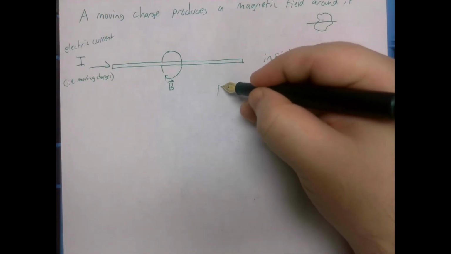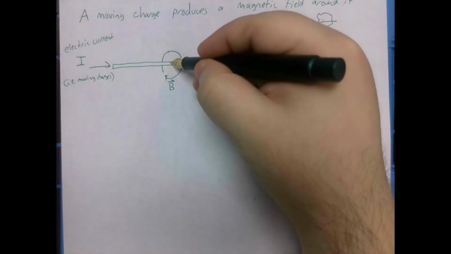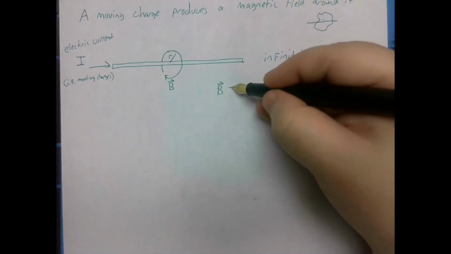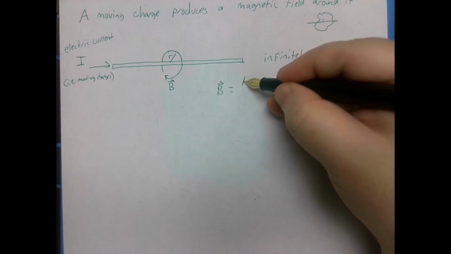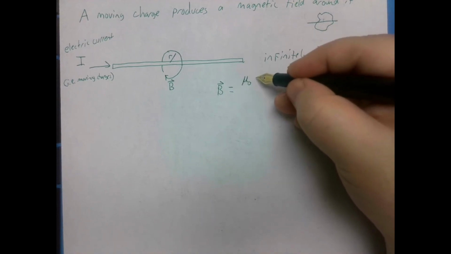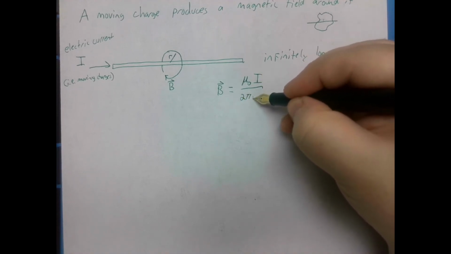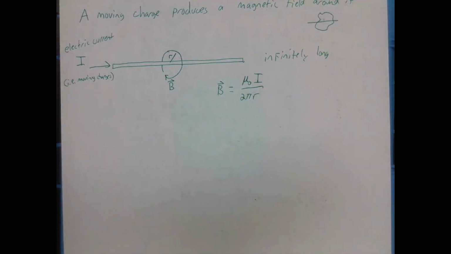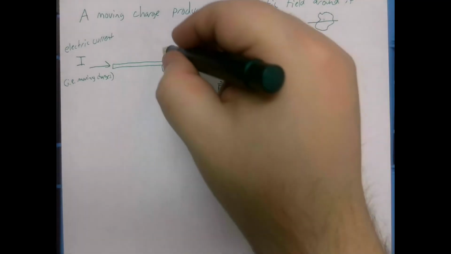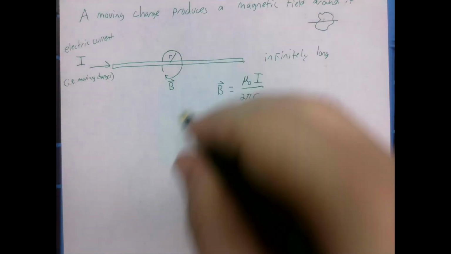Thus, this magnetic field for a circle of radius r will be equal to the permeability of free space times the current divided by 2 pi r. Two pi r is the circumference, it's the length of this rope, or this circle, right?